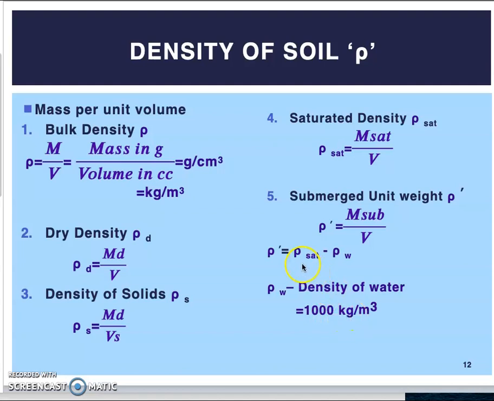So if suppose the saturated density is somewhere around 2100, you are deducting 1000, the density of water. So your submerged density will become just 1100. From 2100 it will go to 1100, that is nearly half. So this is a very dangerous condition.